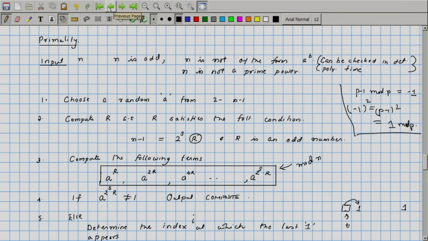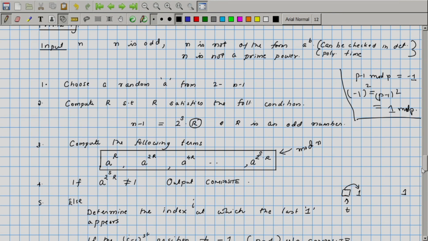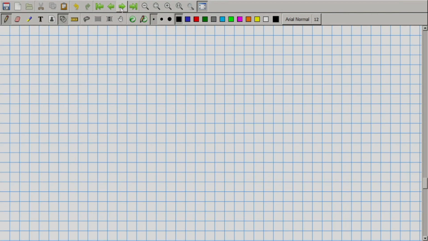We checked at the last index from where the sequence of ones had begun. One before that index, if a number other than 1 or other than minus 1 appears, then we had declared it as composite. Okay. So, let us look at this more carefully.